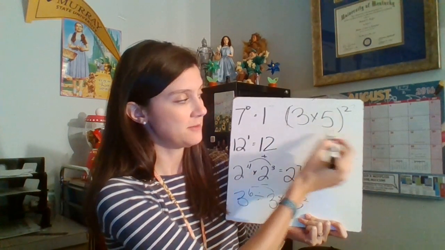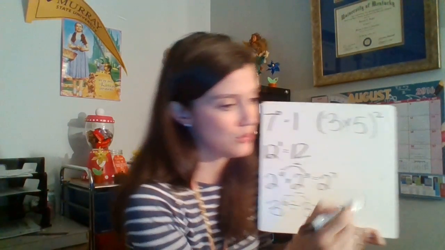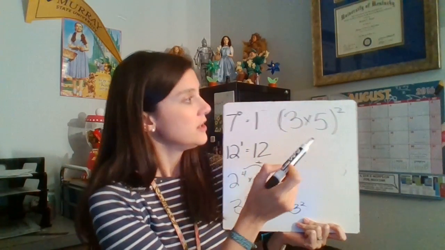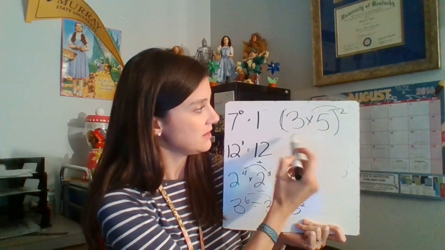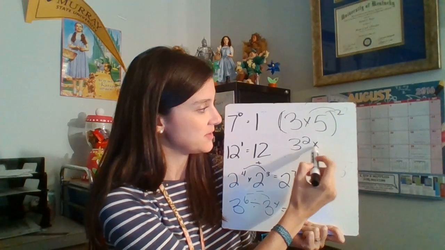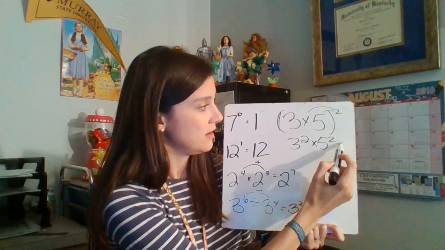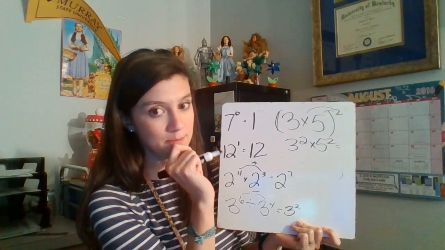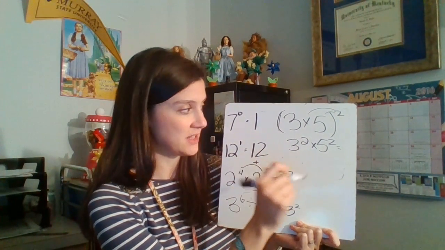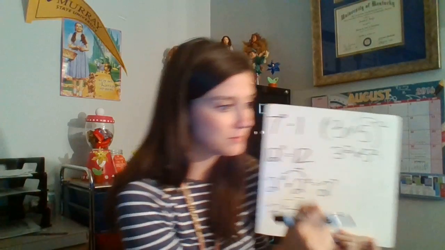I've got 3 times 5 in the parentheses and a 2 on the outside, a 2 exponent. Distribute that to each number on the inside. So 3 squared times 5 squared. The bases aren't the same, so we can't add those exponents together. You just leave it like that.